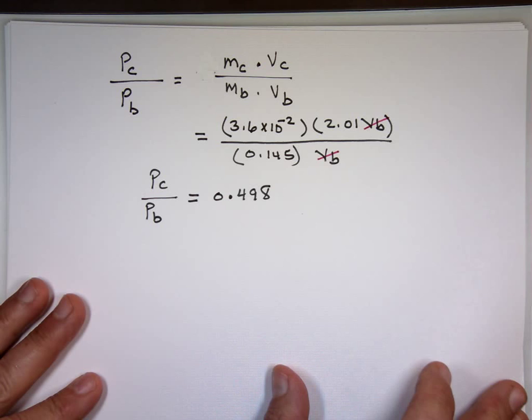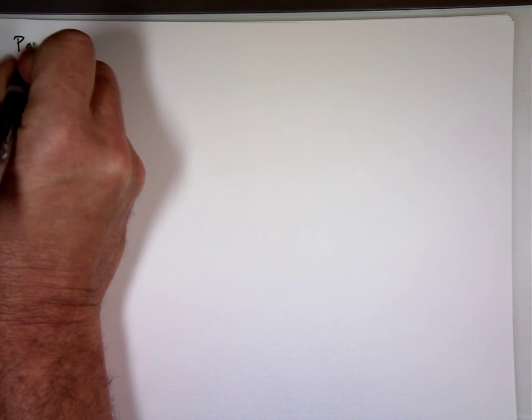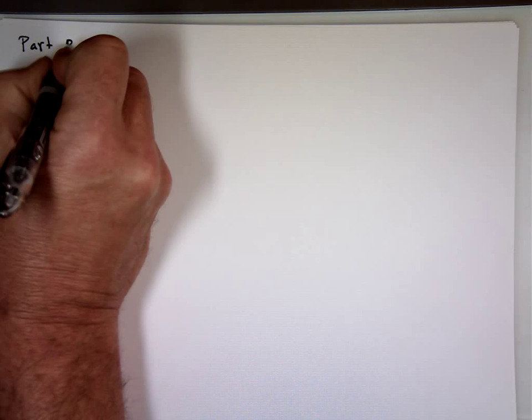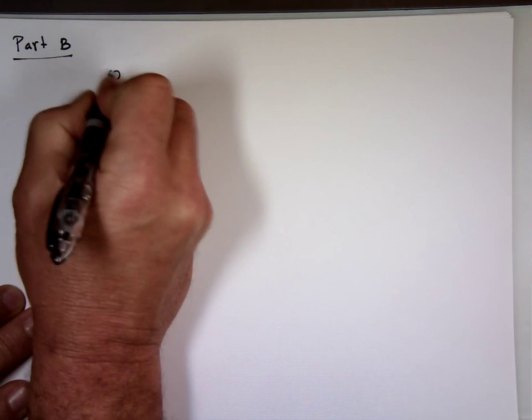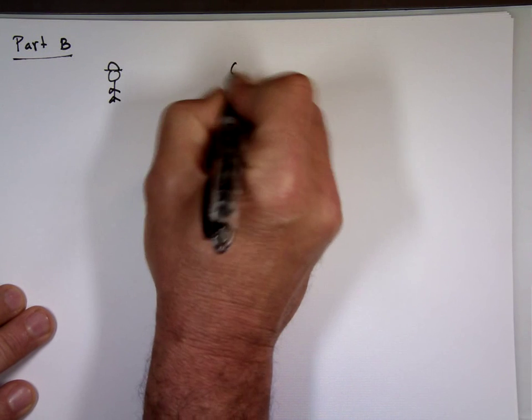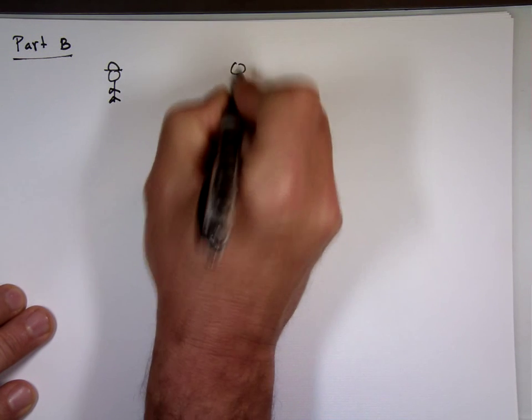Now, part B of the question is a little bit different. It says we have a man who always wears a hat, and when I draw him, and we have a woman here who always has the long hair.